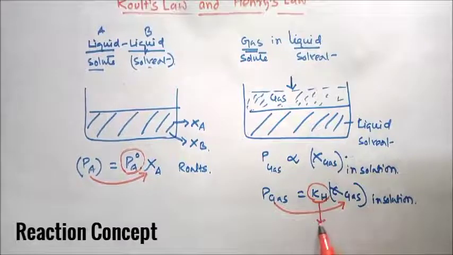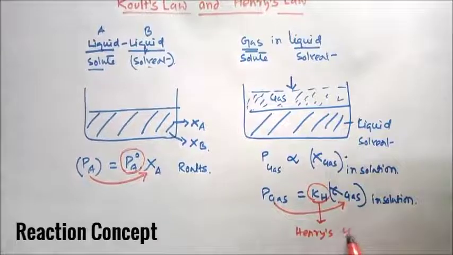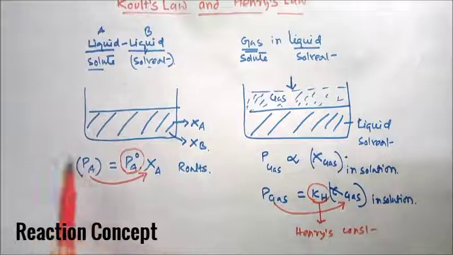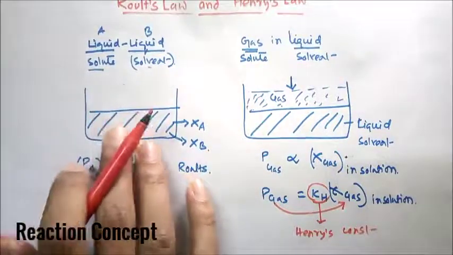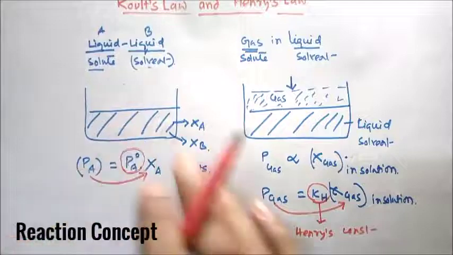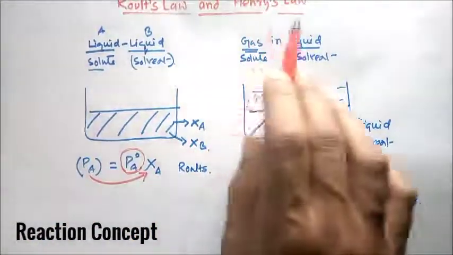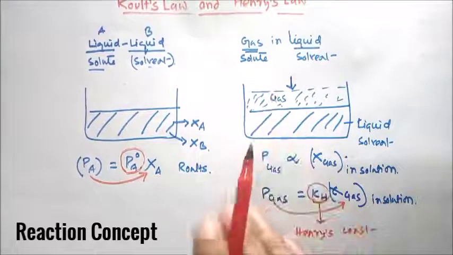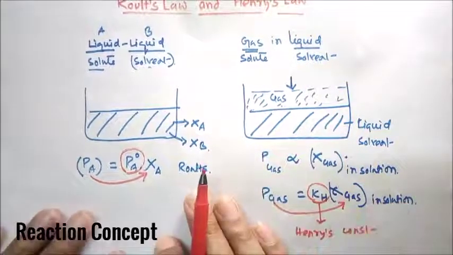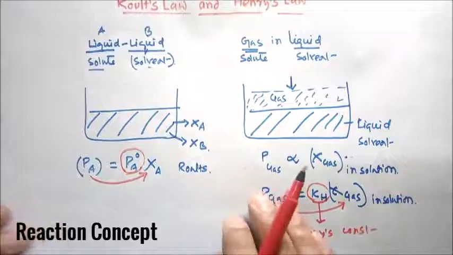This KH is called Henry's constant. Both the laws look similar, but Raoult's law is used for liquid solution, whereas Henry's law is used for gas in a liquid solution. So these are the comparison between Raoult's law and Henry's law.